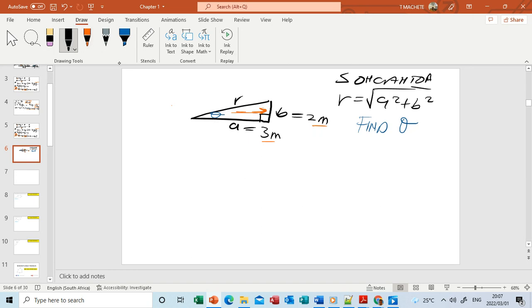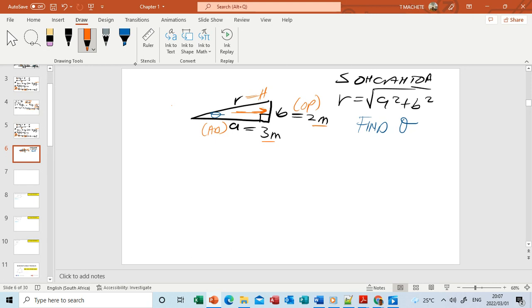So this is what you're gonna do. You're gonna check. You have got opposite. You see this side, it's gonna be your opposite because it's opposite to that angle. And then the other side, obviously this one is your hypotenuse. Always the side that is opposite to 90 degrees, it's always the hypotenuse. So the other side, it's adjacent, obviously, because the other one is opposite.